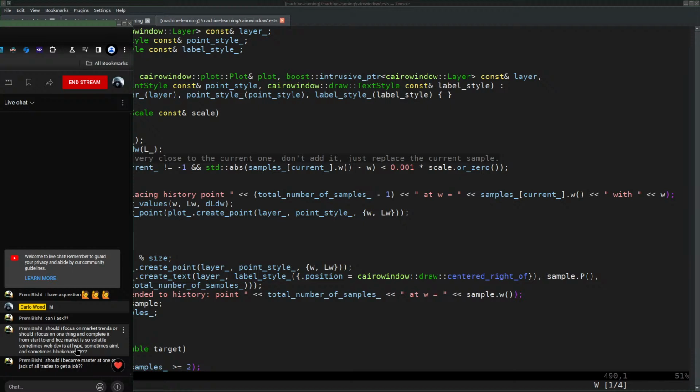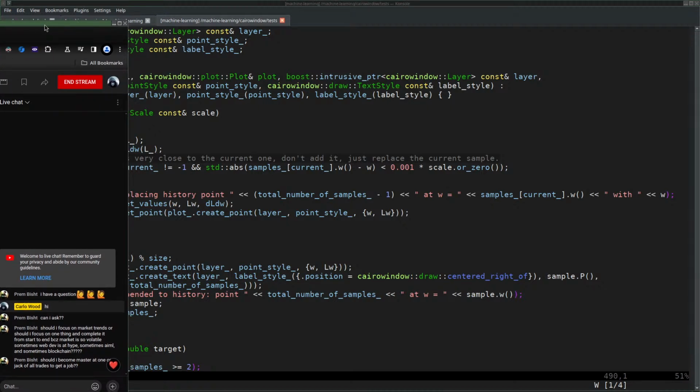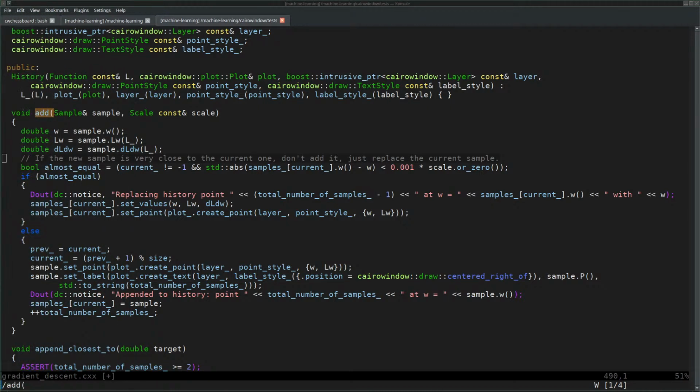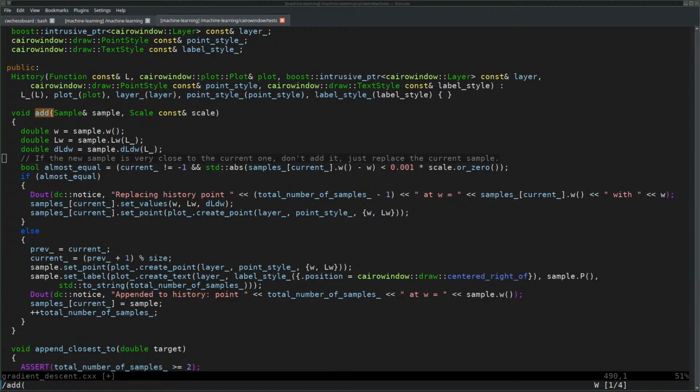So I see blockchain and market, and I think you're asking me for stock market investment advice or something like that. And if it's about job advice, then I don't know either. I only know C++, nothing about jobs or stuff.